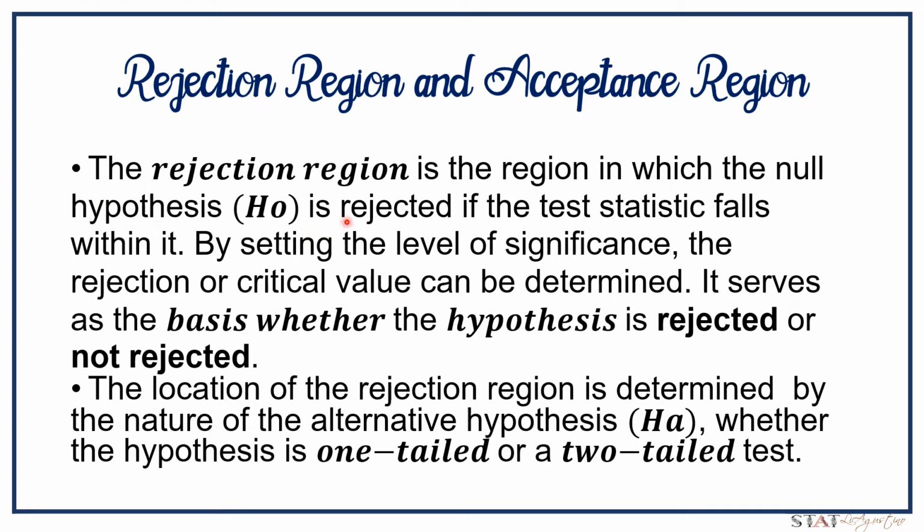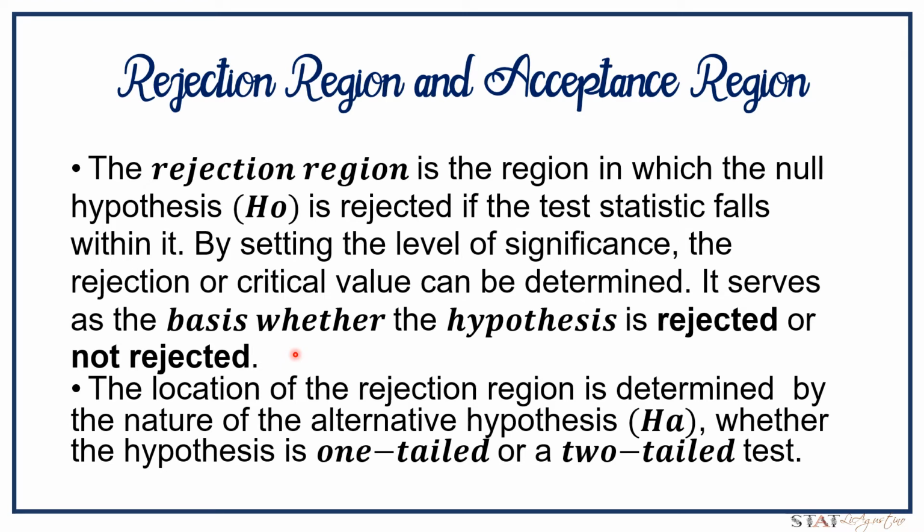The rejection region is the region in which the null hypothesis is rejected if the test statistic falls within it. So by setting the level of significance, the rejection or critical value can be determined. So it serves as the basis whether the hypothesis is rejected or not rejected.